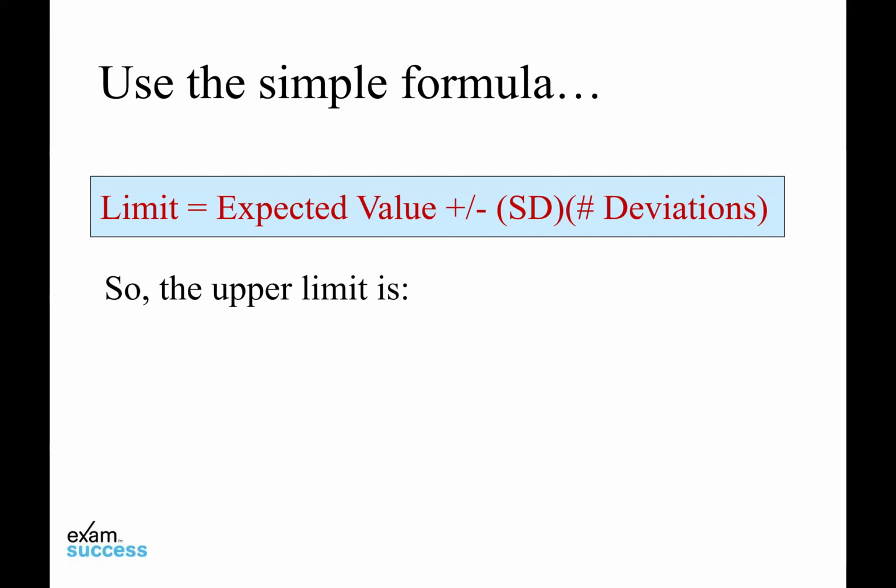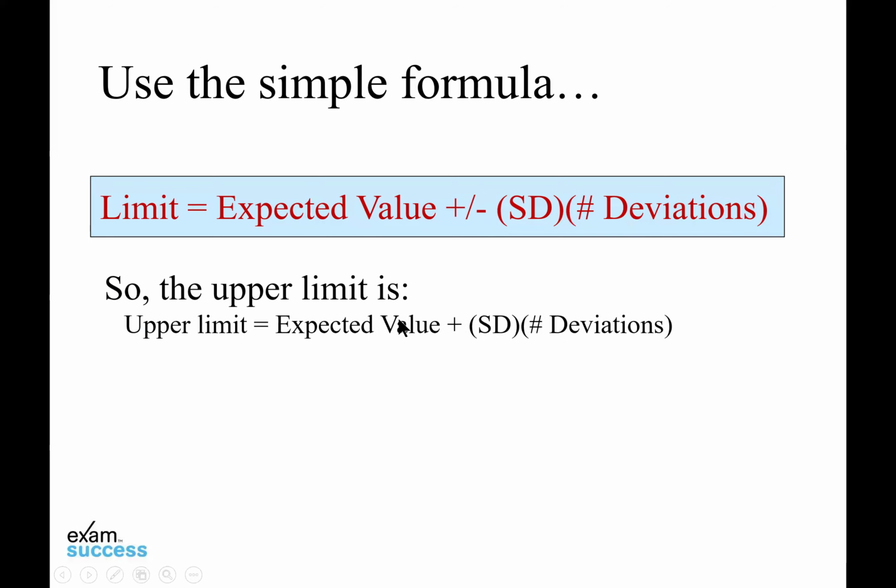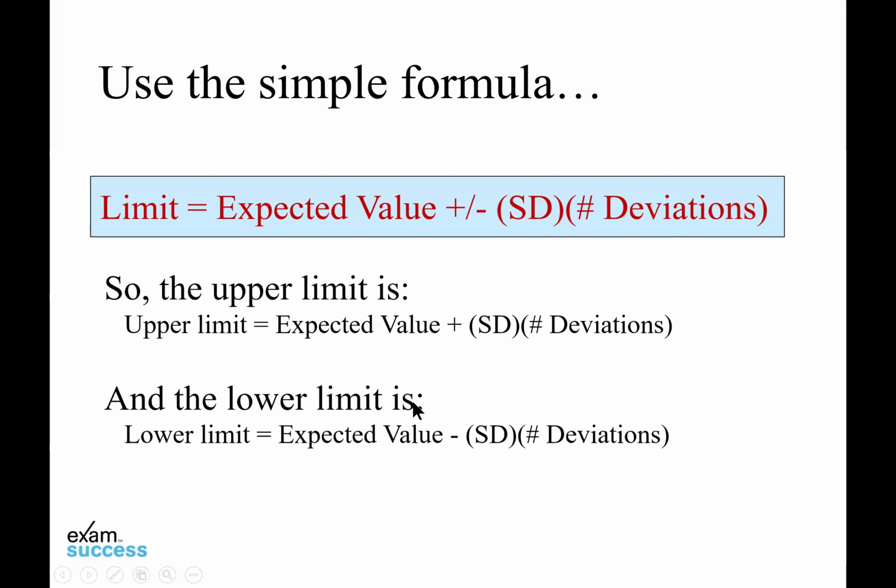So to calculate the upper limit, we have the expected value plus the standard deviation times the number of deviations. And to calculate the lower limit, we have the expected value minus the standard deviation times the number of deviations away from the expected value. So it's the same formula. This is the plus or minus. That's what we need to keep in mind.